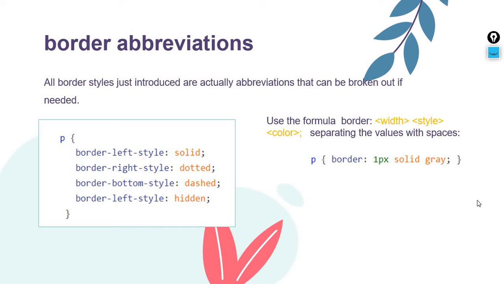Or in the other direction, the CSS property border can help abbreviate even further. Use the formula border colon, the width, in this case 1 pixel, the style, in this case solid, and the color, gray, separating the values with spaces.